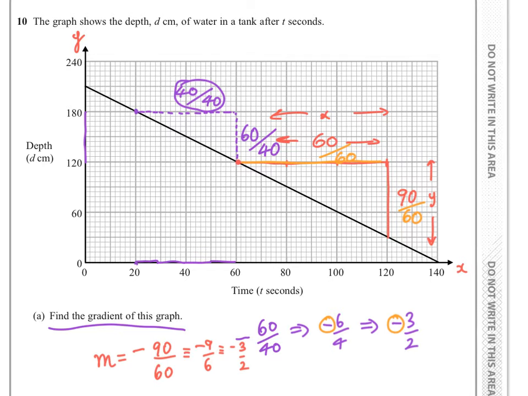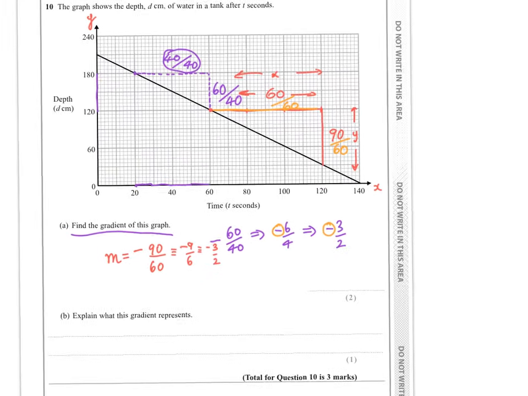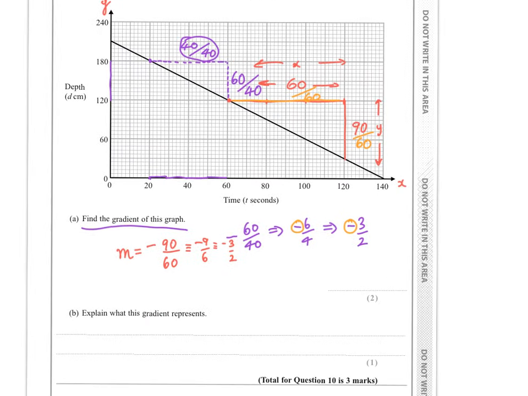Now let's have a look. There's a part B. It says explain what this gradient represents. Well, to me it represents that as time changes, the depth of water in the tank changes.